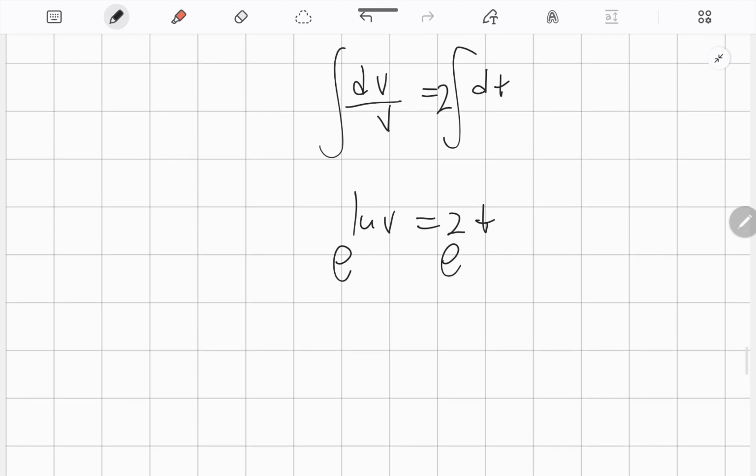And on this side I end up having 1, but remember here I got a c before I put everything on e. Then e will cancel everything there. I'll be left with v, and this side I'll have e to t plus c, right?